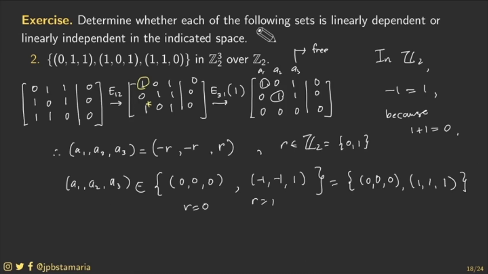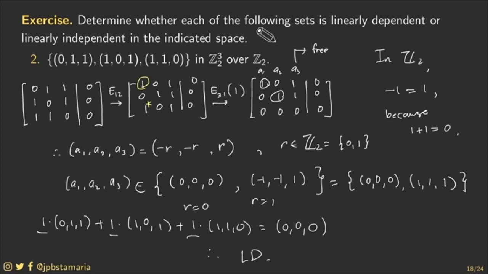So because there is a non-trivial solution, which is 1, 1, 1, you multiply a 1 on each and then add them, and you get the 0 vector. Because not all of these scalars are 0, the set is LD, linearly dependent, because there is a solution aside from the 0 vector.